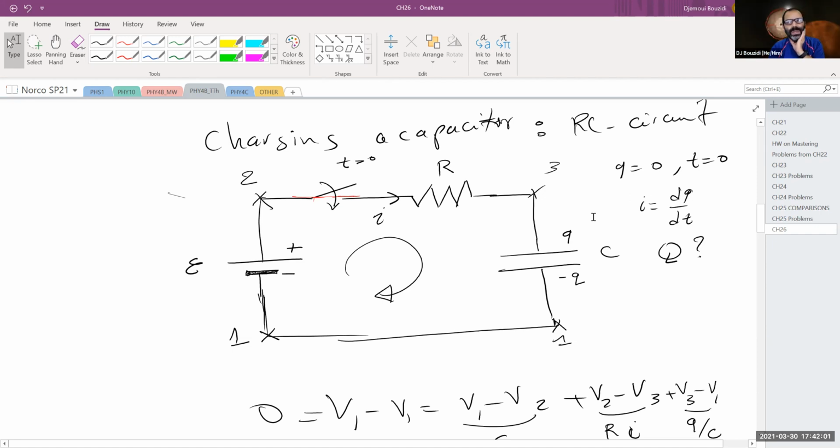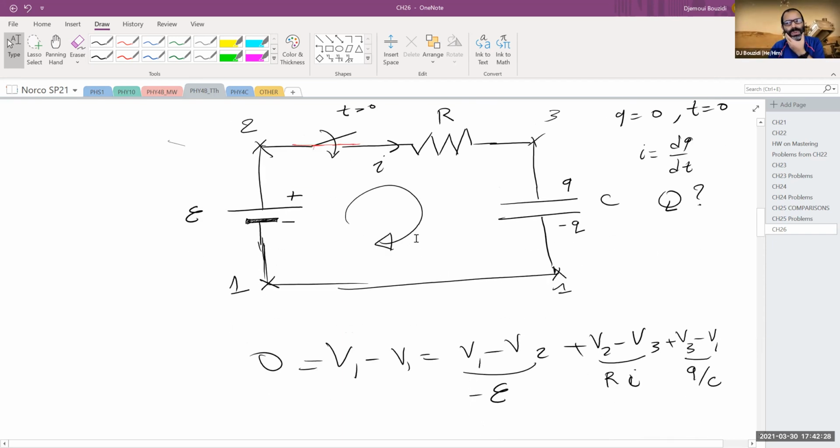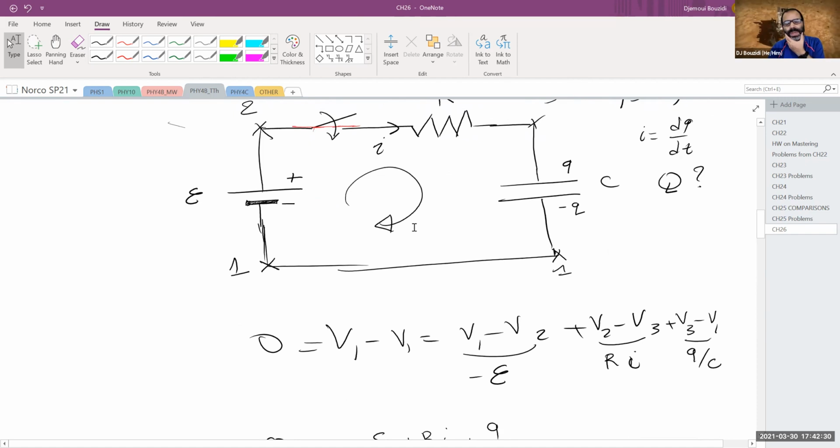If I wait a little longer after t equal to 0, there will be some charge, probably not the full charge, but some charge Q as a function of time. That is going to ultimately grow to become the big Q that we're trying to find. And I, of course, is the rate at which we dump these charges on the capacitor. So this is basically the idea behind it. We use Kirchhoff's rule in here. I mean, Kirchhoff's.